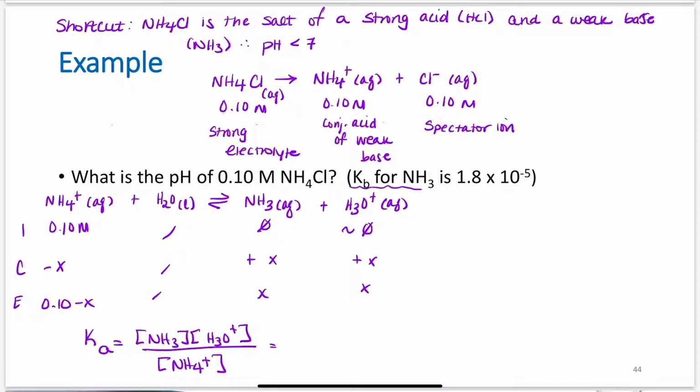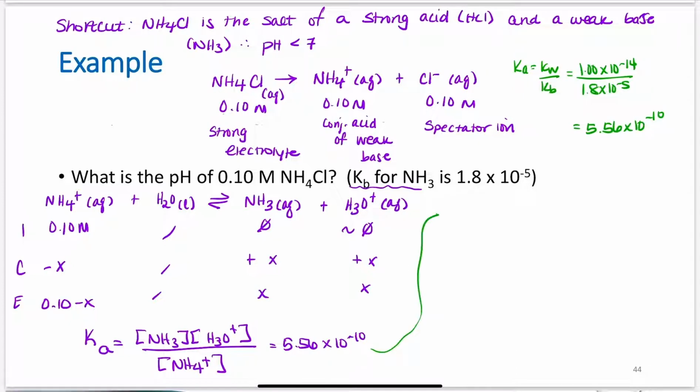That's usually what happens for salt solutions. So I'm going to do that up here quick. Ka is equal to Kw divided by Kb. 1.00 times 10 to the minus 14 divided by 1.8 times 10 to the minus 5th gives me 5.56 times 10 to the minus 10th.